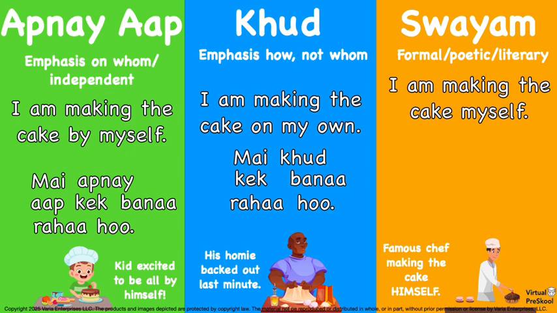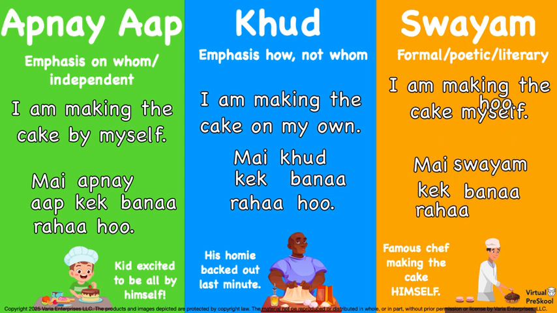And maybe in this case, it's a famous chef making the cake himself, a pastry chef. So everyone at the restaurant tonight is lucky because they are going to eat a cake directly made by Swam, by him, himself. And the way to say this in Hindi is, मैं स्वयं केक बना रहा हूँ.